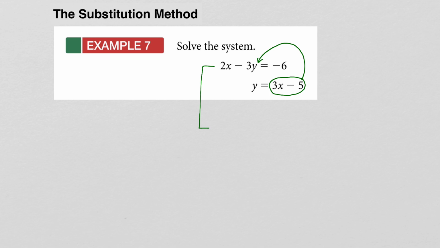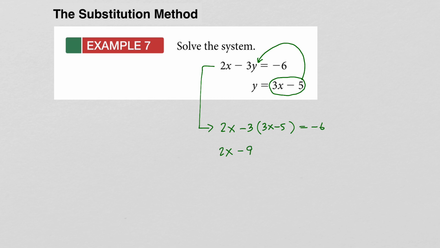So this first equation becomes 2x minus 3 times y, which is being replaced with 3x minus 5, and then equals -6. And see, when you replace the y here, you're getting rid of the y and you're bringing in an x. So now we can just solve this for x.